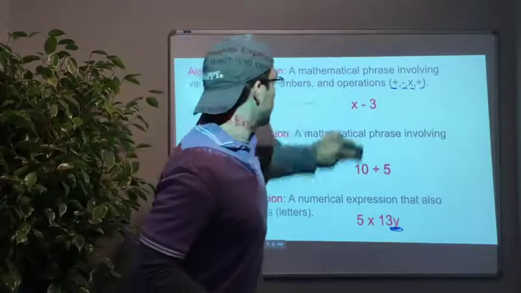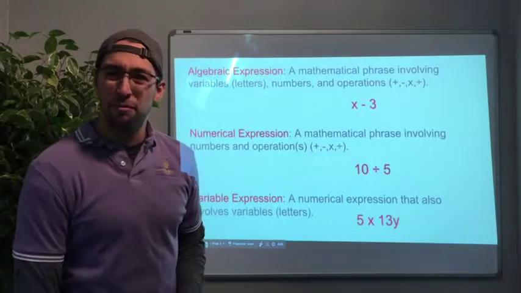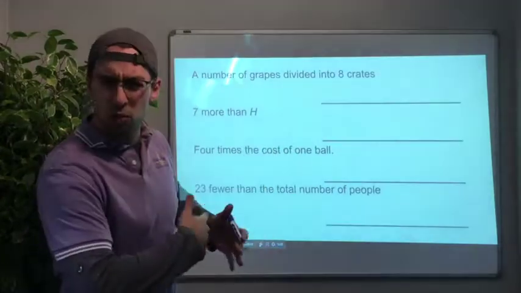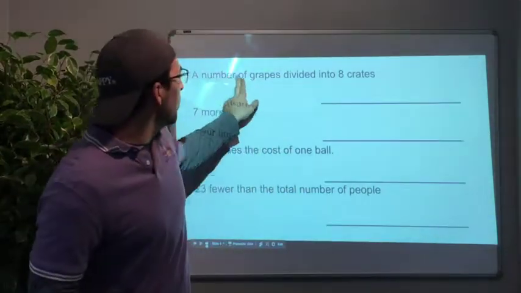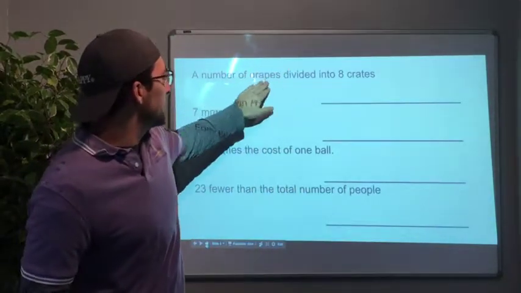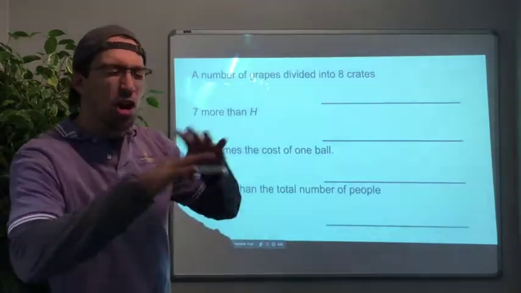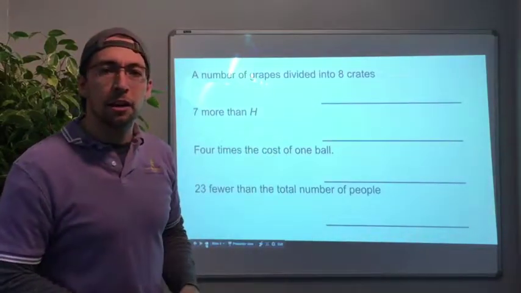All right, so we have some basic vocab. Now let's look at what some of these problems might be. Here are 4 examples, and we're going to create an expression out of these. A number of grapes divided into 8 crates. We have a number of grapes. We don't know how many, and we know that we're going to divide them into 8 crates.